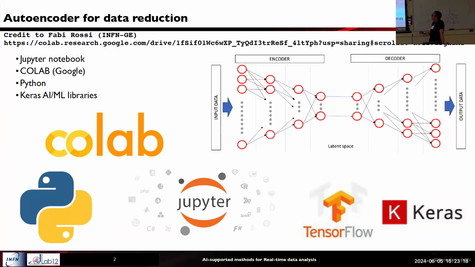So the ingredients we are using today: the Jupyter notebook, which you are probably familiar with. You can mix code and text in the same notebook. Colab is an online cloud service from Google that allows you to run GPUs, TPUs, and other software, and then you can run this Jupyter notebook.